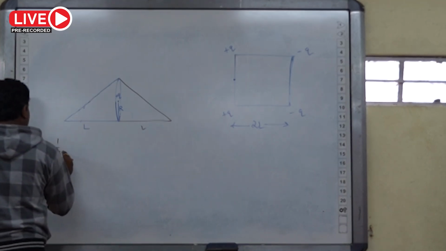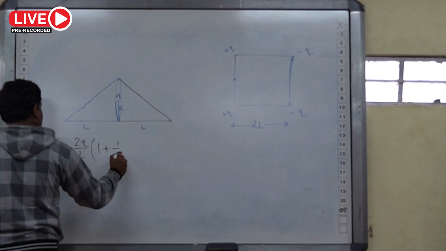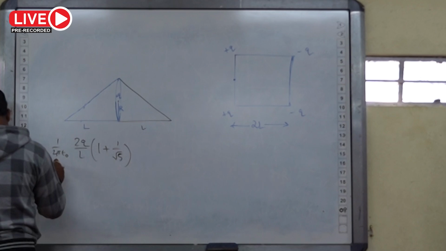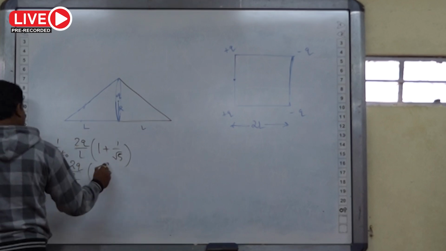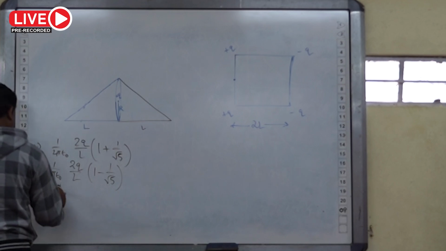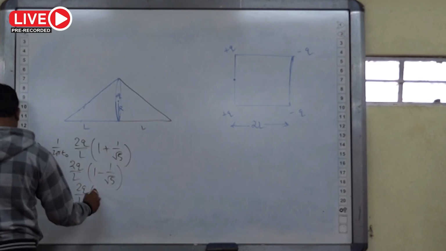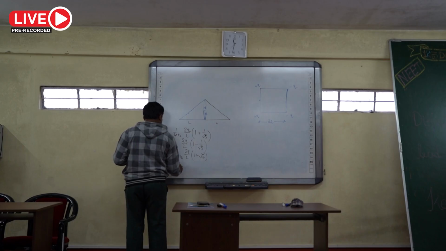Option A. Option B is 1 by 4 pi epsilon naught 2Q by L into 1 minus 1 by root 5. Option C, 1 by 4 pi epsilon naught 2Q by L 1 plus root 5. Option D, 0.